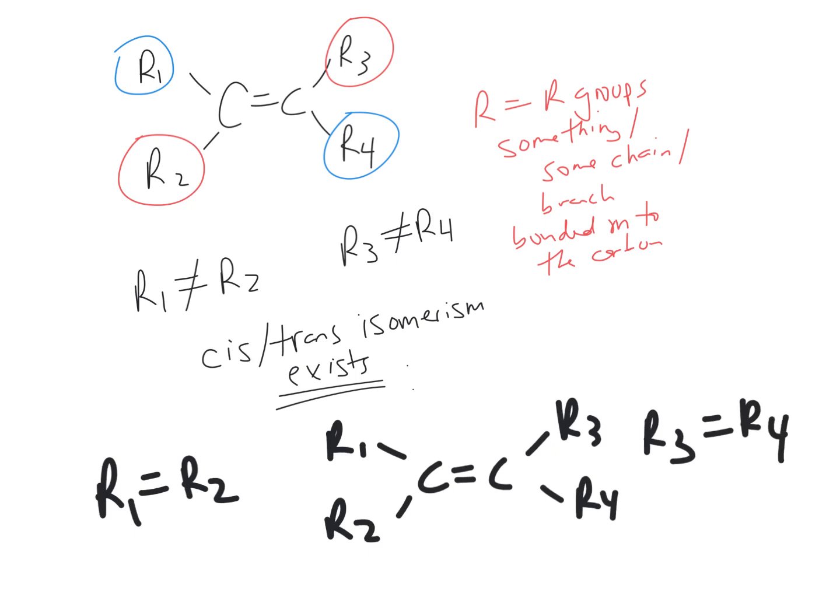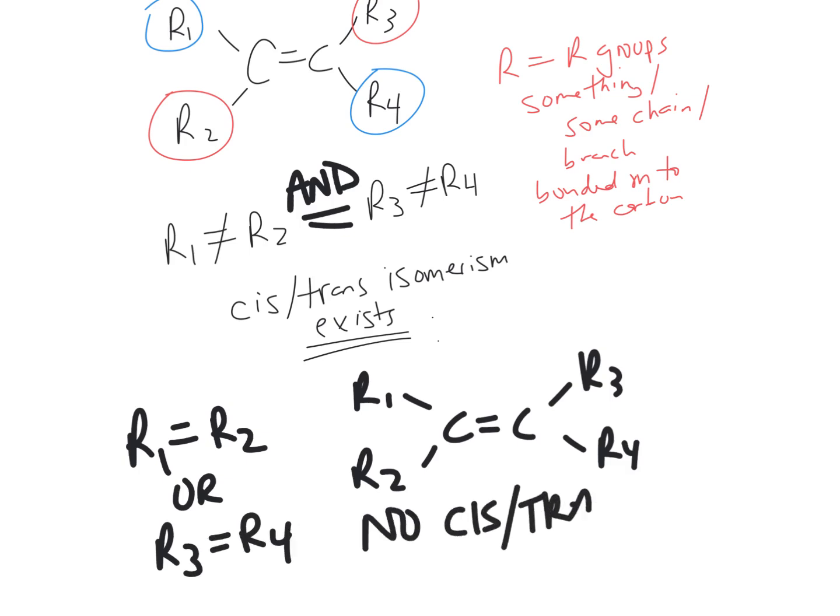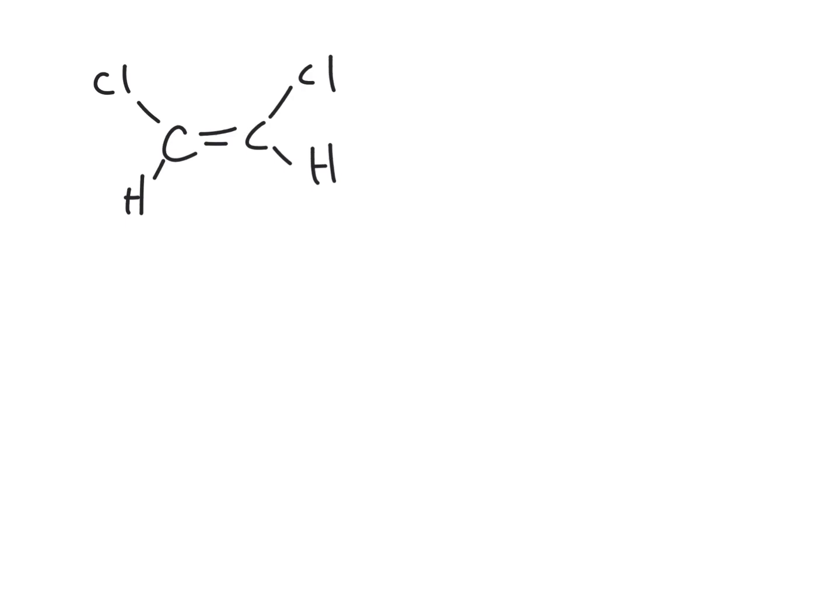So this was an AND scenario. This is an OR scenario. So maybe I can write that a little bit more clearly here for you. So if you have that OR, R3 is equal to R4, then there is no cis-trans isomerism. Okay, so now let me get to that example where I can show you.